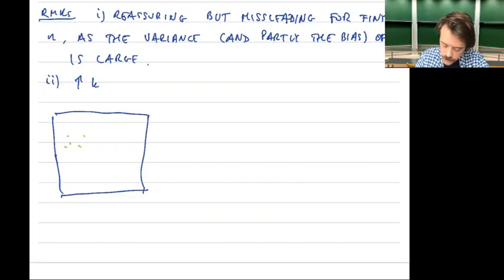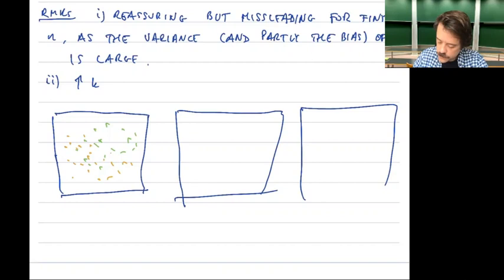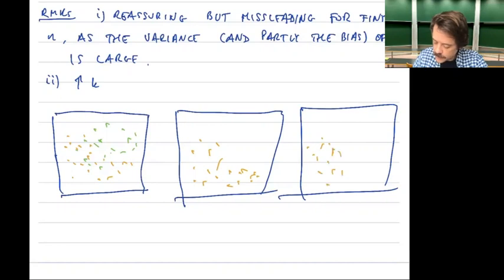Orange. Okay. And then let's say some green. I'm attempting to have the same data on both, yeah?